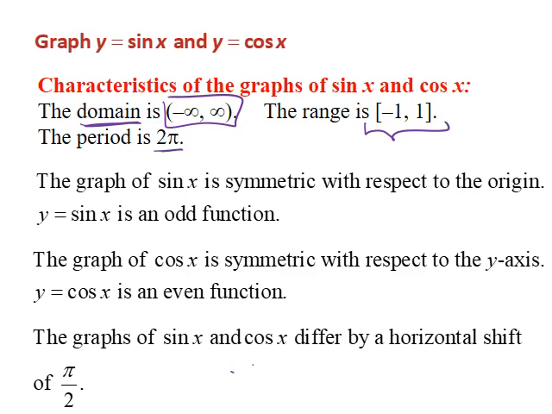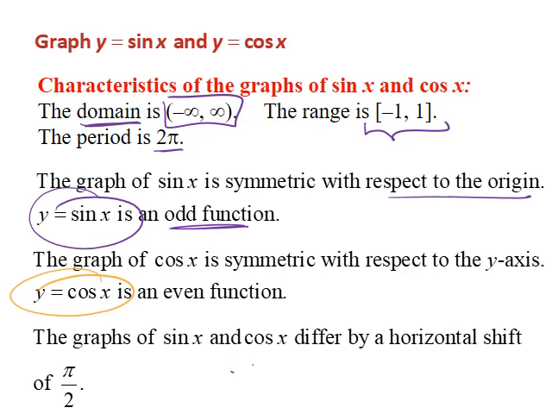Some things to mention: sine of x is symmetric with respect to the origin. Therefore, it is an odd function. On the other hand, cosine of x is symmetric with respect to the y-axis and therefore is an even function. You may recall information regarding even and odd functions.